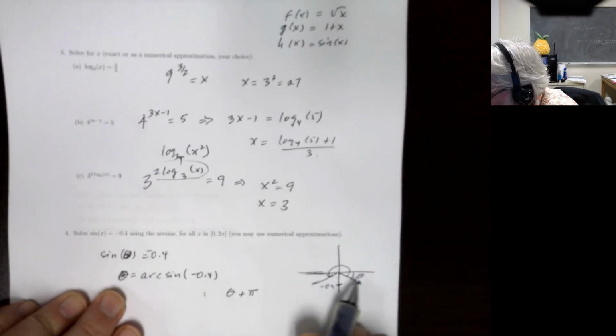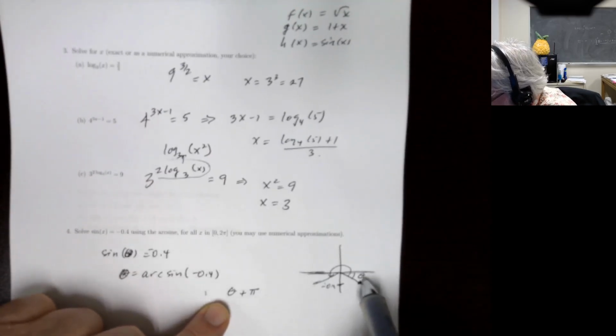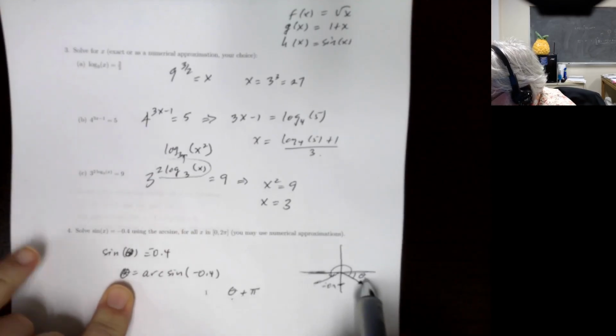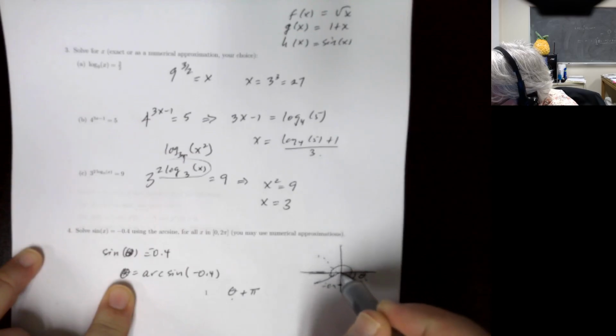If you know this theta, how would you get this theta? Do you see how you would get that? You would take, this theta is negative. I better be careful here. When I wrote theta here, this theta is a negative number. So if I wrote theta plus pi, that would put me up here.